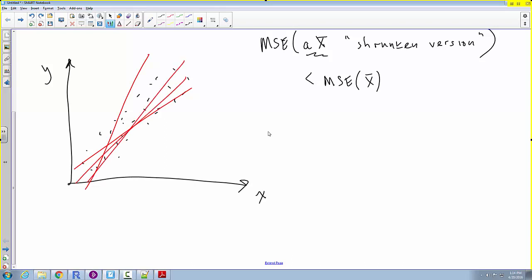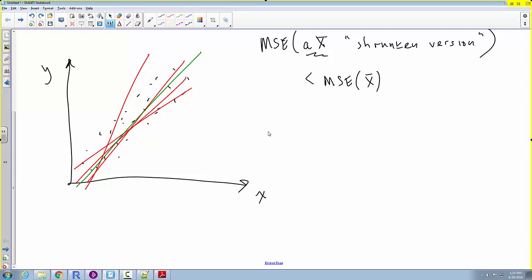We define that criterion to mean minimize the sum of the square deviations between the points themselves and the thing you're fitting.